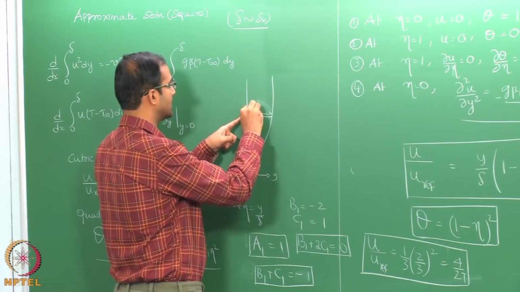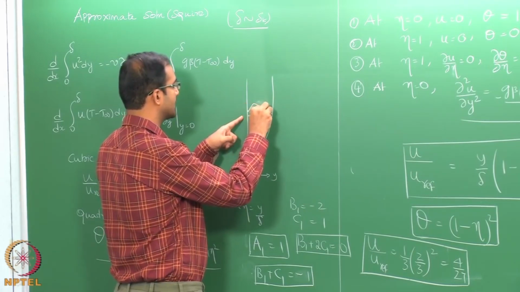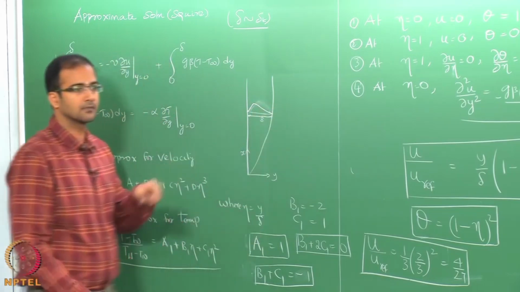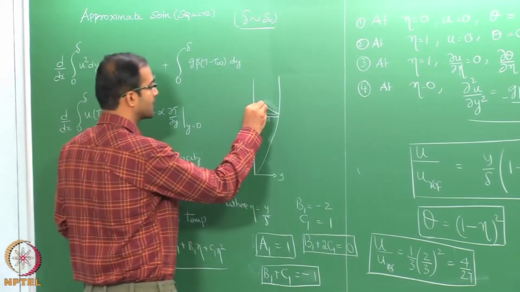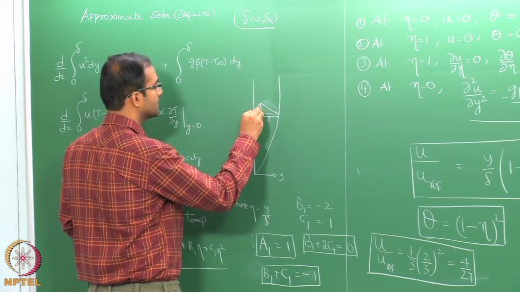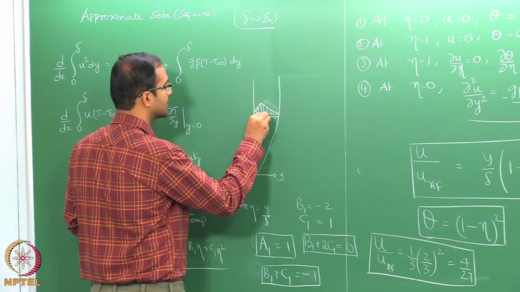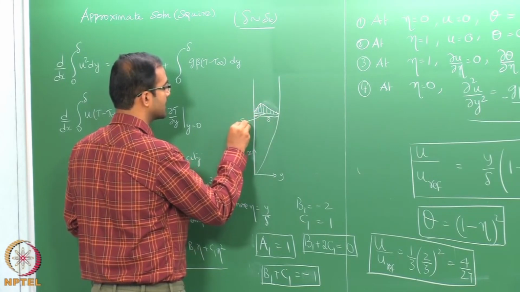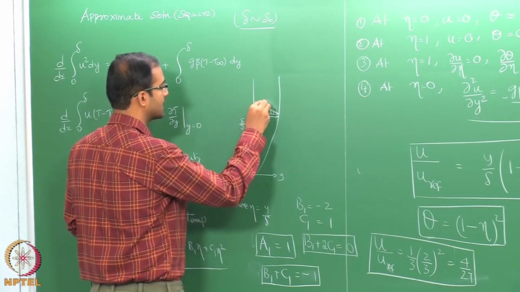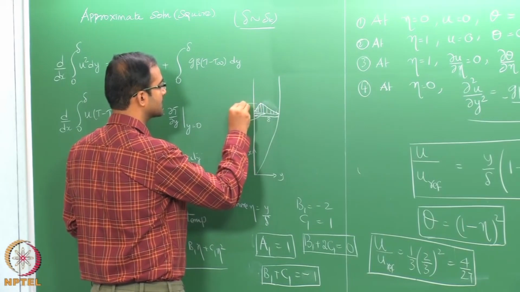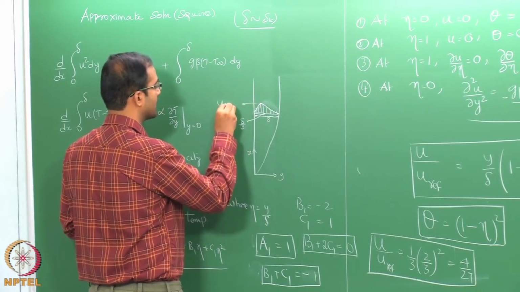If you take 1/3, it will be somewhere like this, and this will be where it is peaking. So, this location here is your delta by 3, and this is where the maxima exists. This is where u max is.